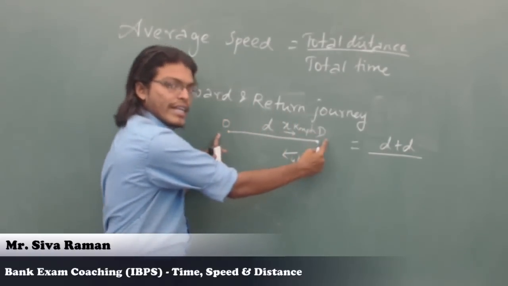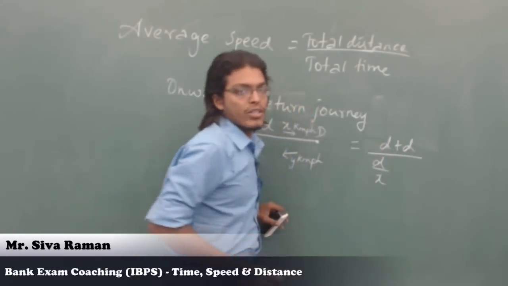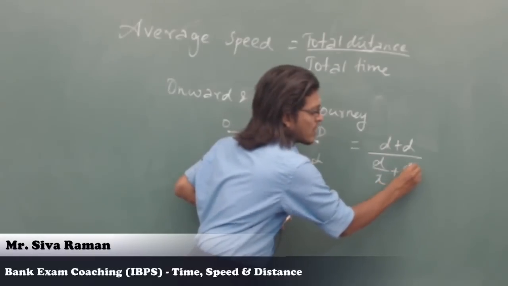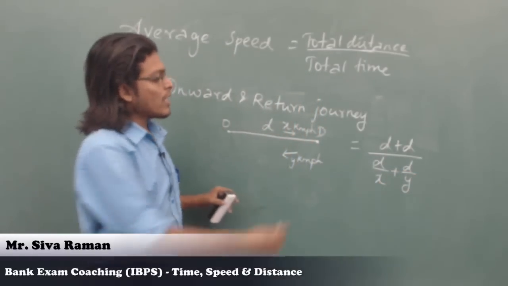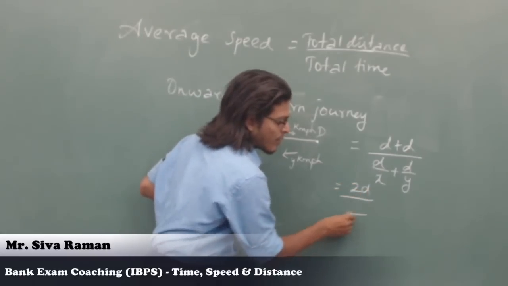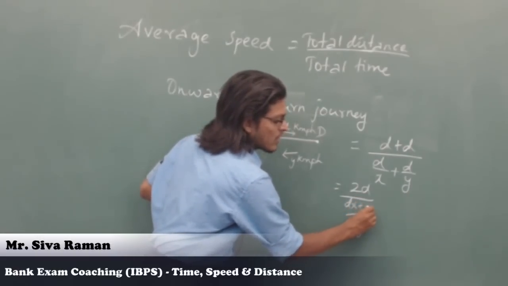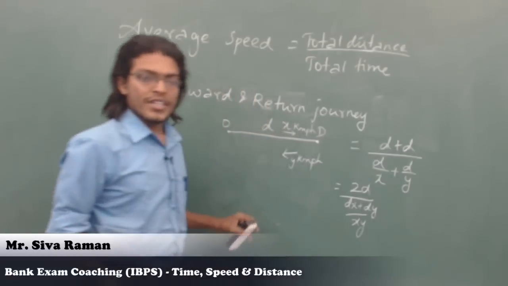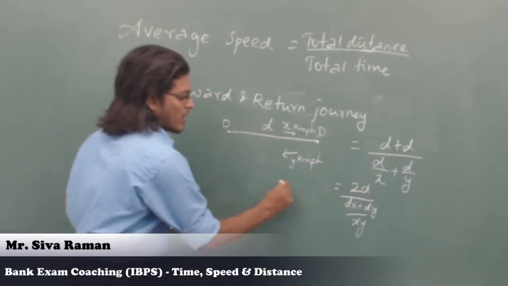The onward journey time taken is distance by speed plus distance divided by speed. We will simplify 2d divided by, the LCM is xy, dx plus dy. Right. You take it to the numerator, right.